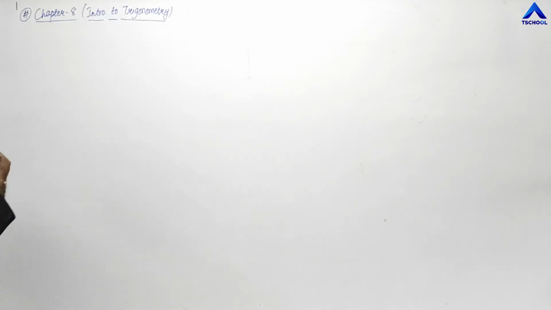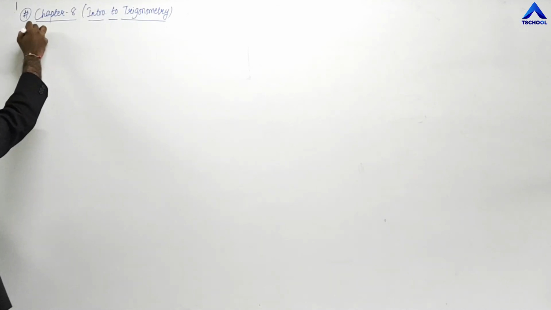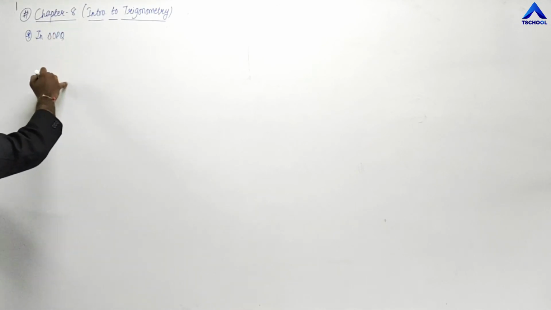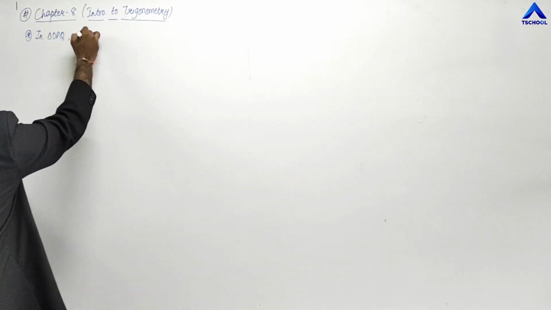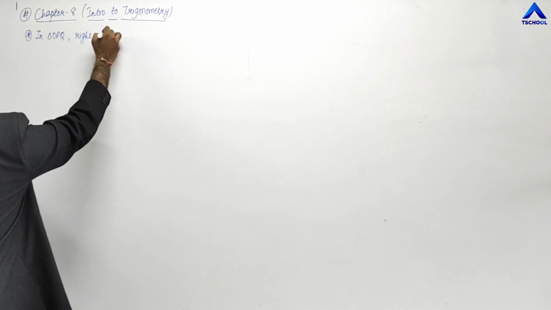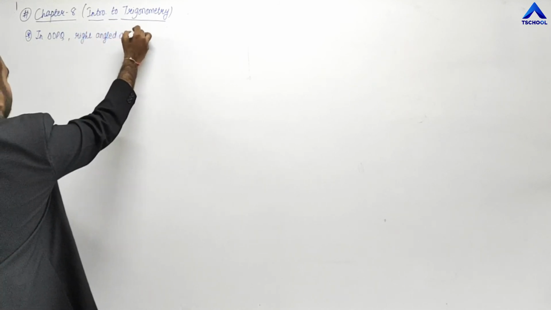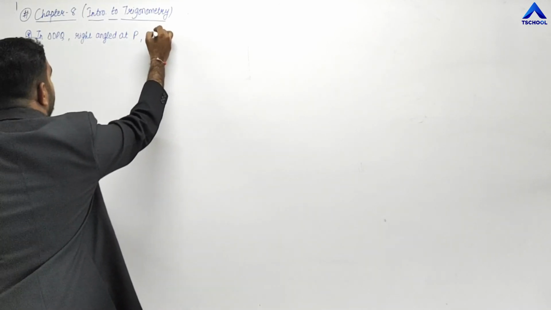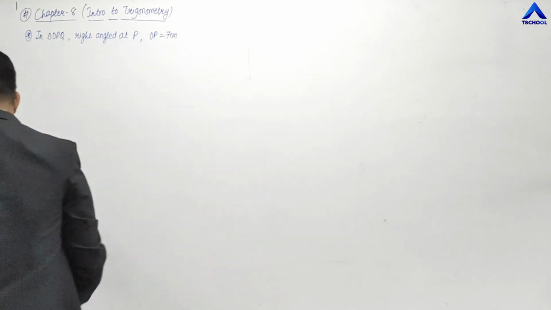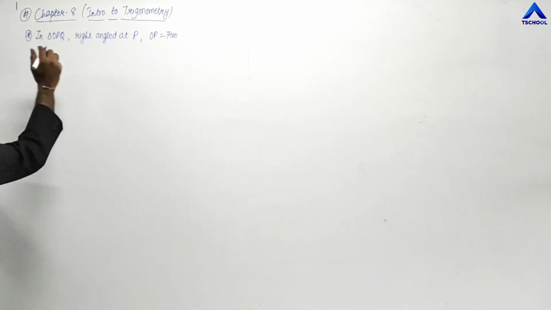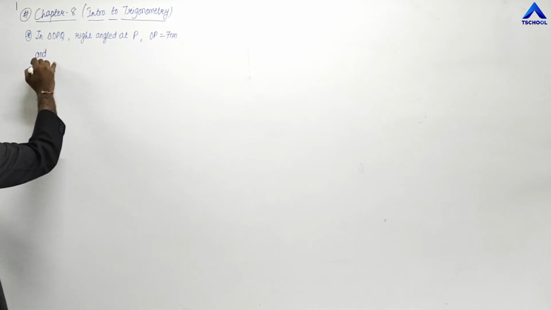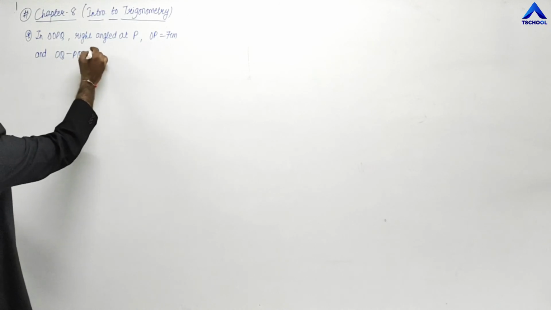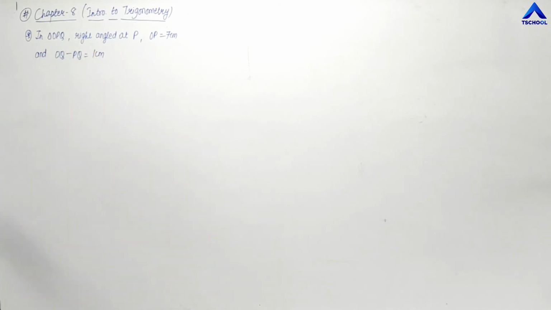So the question here is, in triangle OPQ, right angled at P, OP is equal to 7 centimeter and OQ minus PQ is equal to 1 centimeter.